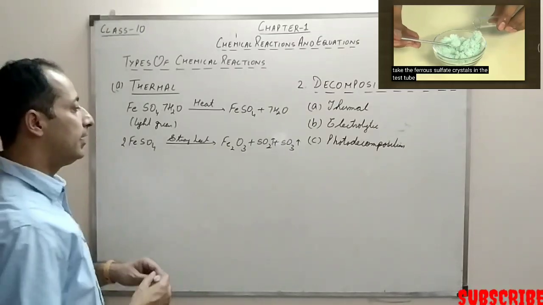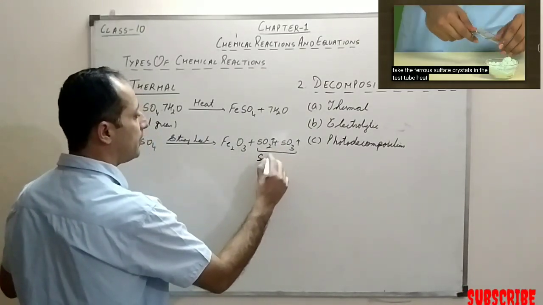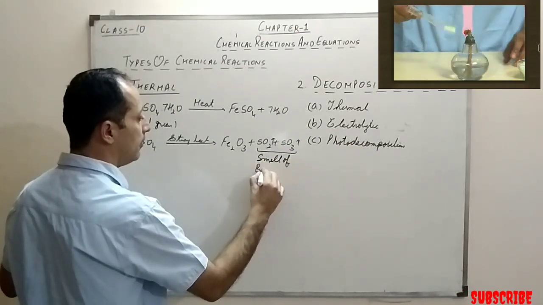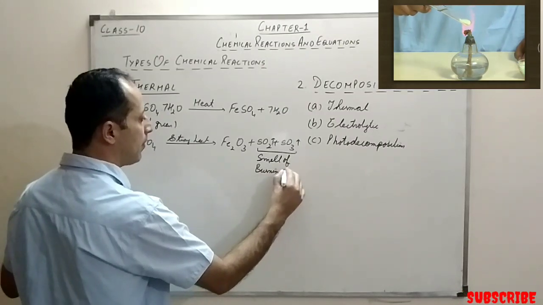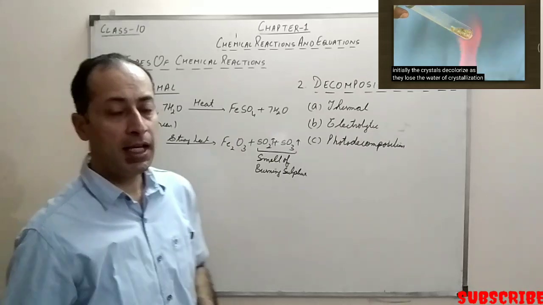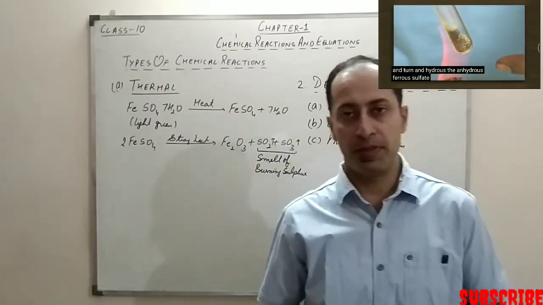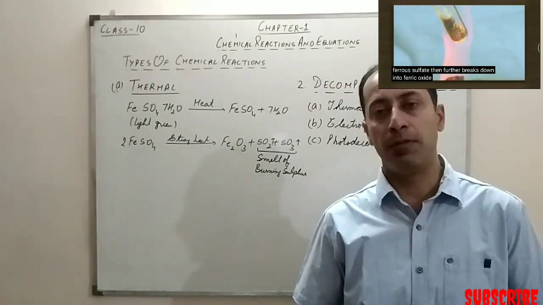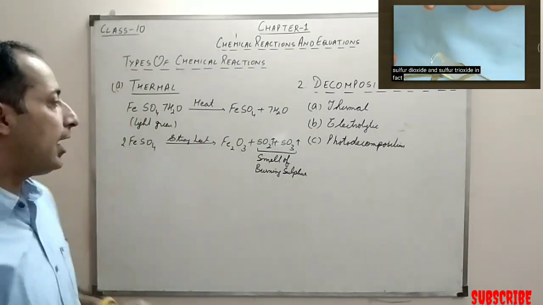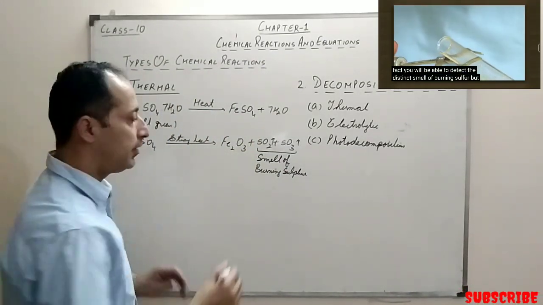How to test these two: they have the smell of burning sulfur. Now you must be thinking, what is burning sulfur? If you have smelled the tire of a vehicle being burned, that is basically the smell of burning sulfur. And this Fe2O3 is in a light brownish color.